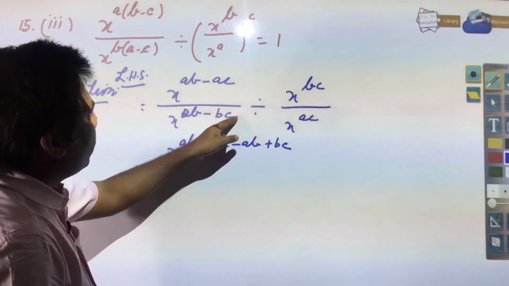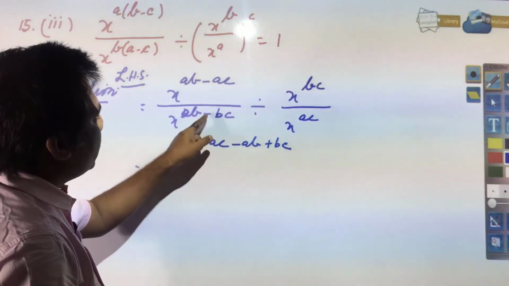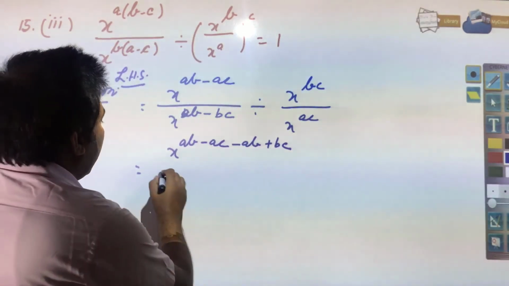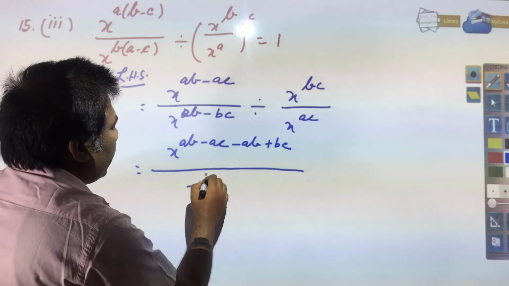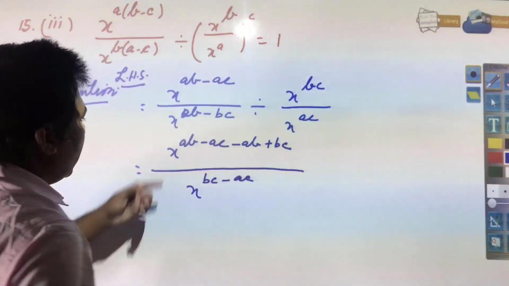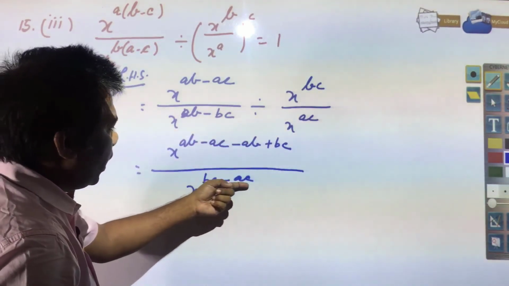So, this will be multiplied with minus and sign will be changed. ab will become minus ab, minus ab will, minus bc will become plus bc, and divided by again the same thing, x to the power bc minus ac, and again a to the power m, a to the power n you have.